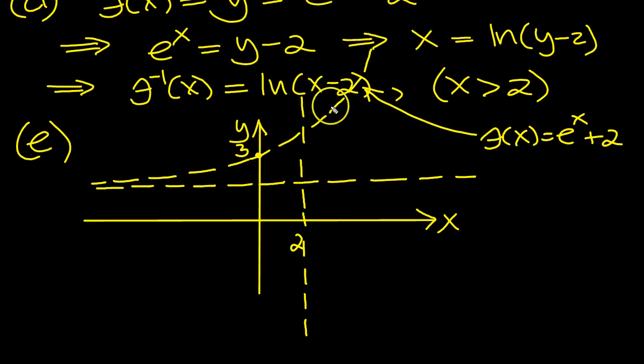When does it cross the axis? When x is 3. So it's going to come around like so, down to here, tending towards this asymptote. Okay, good. That's the sketch then of this function.